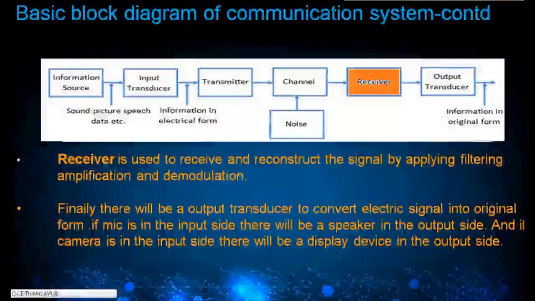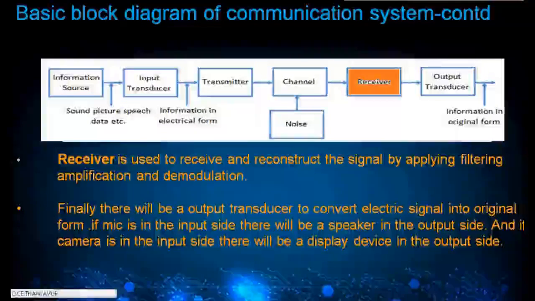Then we have a receiver. The receiver is used to receive and reconstruct the signal by applying filtering, amplification, and demodulation techniques. Finally, there will be an output transducer to convert the electrical signal into its original form.